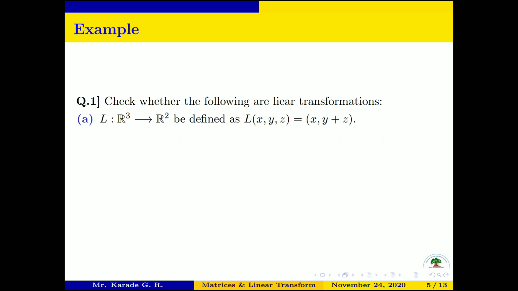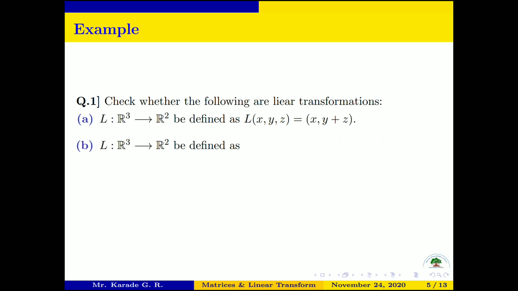So here our function L is a function from R3 to R2, defined as L of x comma y comma z equal to a vector x comma y plus z. So we are operating L on a vector of R3 and we get a vector of R2.